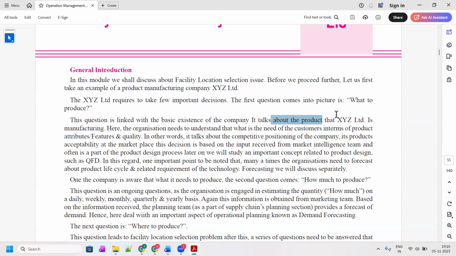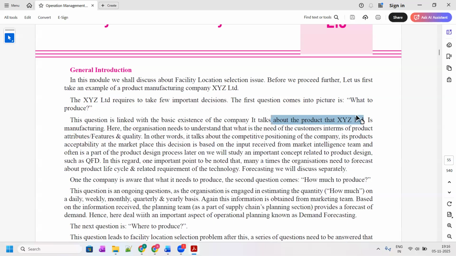It talks about the product XYZ is going to manufacture. The company has to understand their customer needs, like what features, quality, or benefits they want, before thinking about what they're going to manufacture. If the customer is expecting certain features in the product and you don't have those features, then definitely the customers will not be satisfied, and that will impact the revenue model of the company.